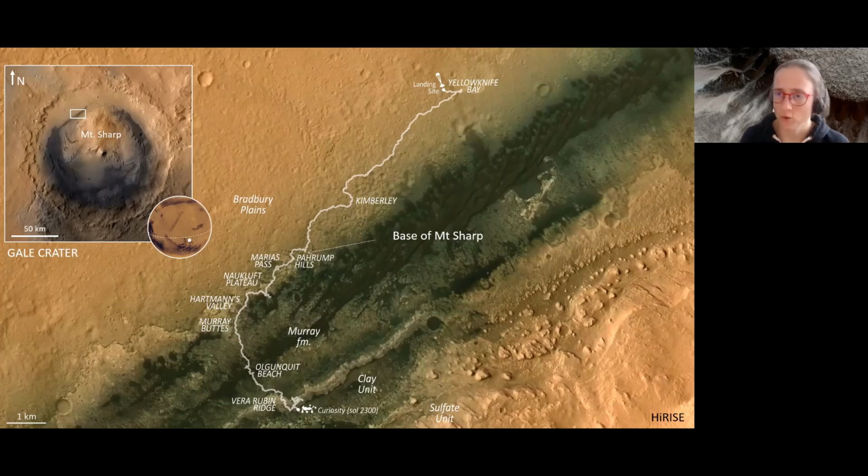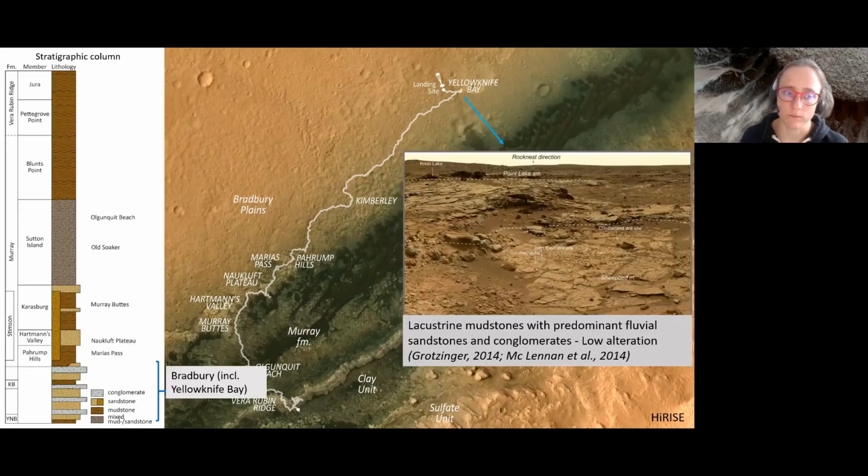And this story is supported by the rocks and sediments that Curiosity has actually been able to observe in situ. So the story that we can tell from the geomorphology is backed up by the actual in situ sediment analysis by the rover. So this is a sort of stratigraphic column of the units that the rover has been visiting, ordered by age.